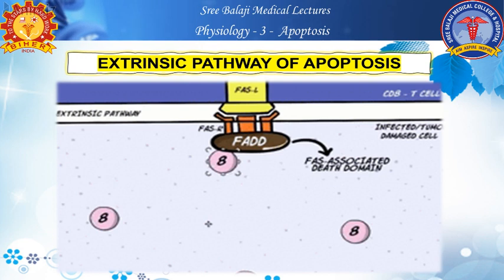Activation of this FADD will pull caspase 8 to its surface, and binding of these four molecules, Fas ligand, Fas receptor, FADD death domain, and caspase 8, all together will initiate the activation of caspase 8. Once caspase 8 gets initiated, it tends to activate the neighboring caspase 8. Once they get activated, the initiator caspase 8 will activate the executioner caspases 3 and 6, and the extrinsic mechanism of apoptosis takes place.